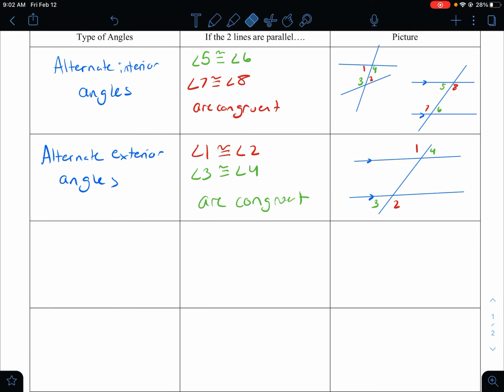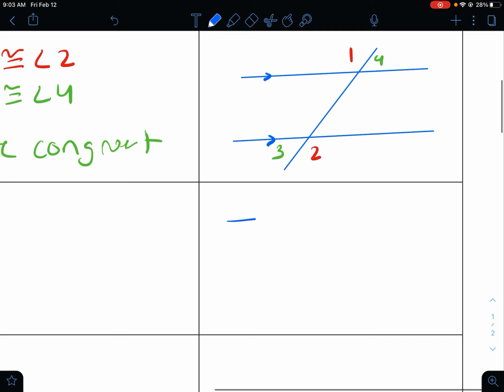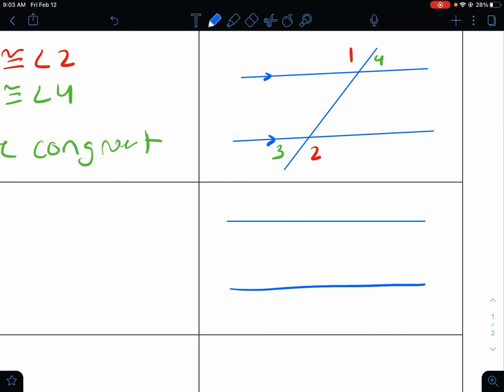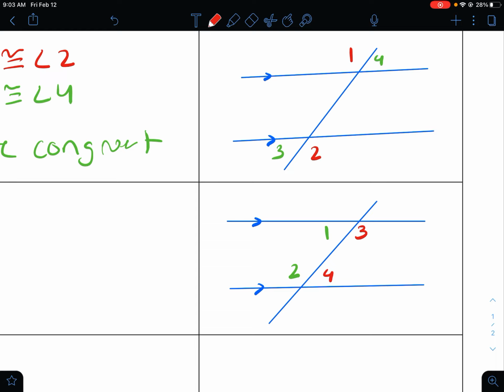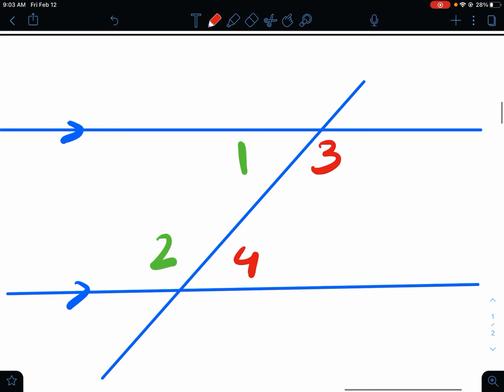All right, next ones, we have same side interior. So we'll go ahead, again, we'll just use our parallel lines. So same side interior would be like 1 and 2, or 3 and 4. Now looking at these, you can tell that 1 and 2 do not seem congruent at all.